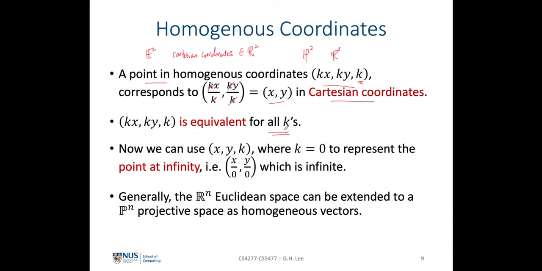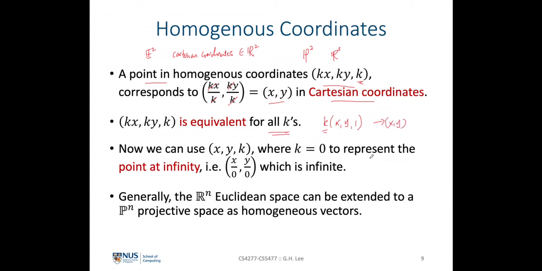We can think of k as just a scalar value multiplied by the homogeneous coordinates x, y, and 1. So for all k, this representation represents the same point x and y in the Cartesian coordinate space.